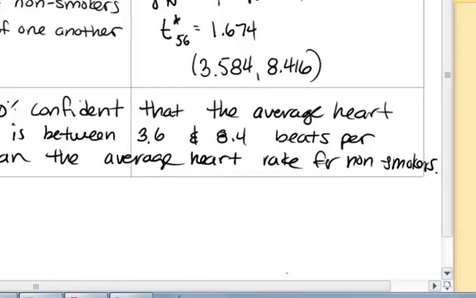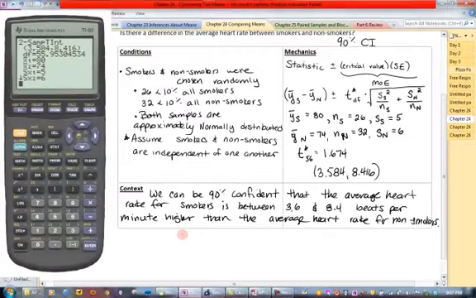All right, and the last thing about this, if we were to have used this for our hypothesis test, remember our null hypothesis was that mu sub s minus mu sub n, the difference between smokers and non-smokers, is 0, versus the alternative that the difference is not 0. Our interval supports our conclusion in the last video to reject the null hypothesis and say that we have enough evidence for the alternative to be true.